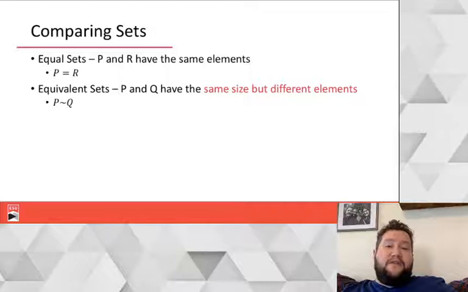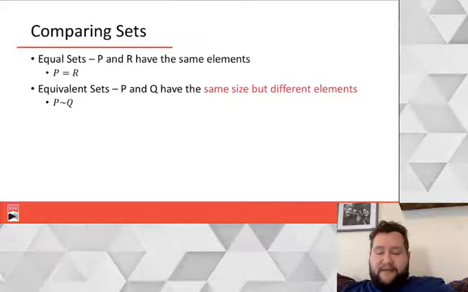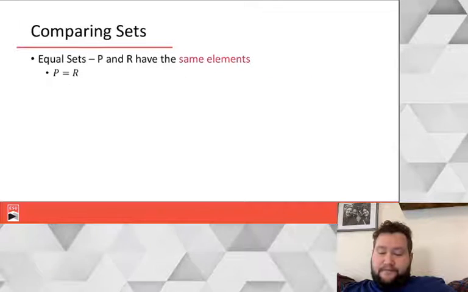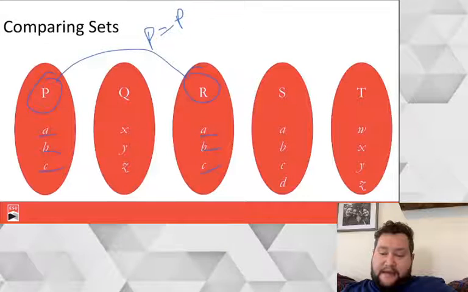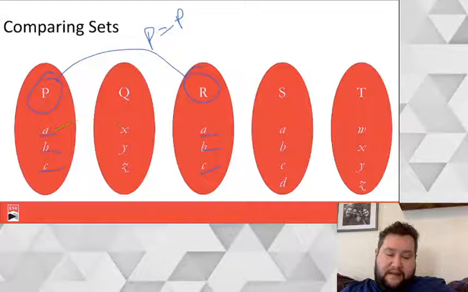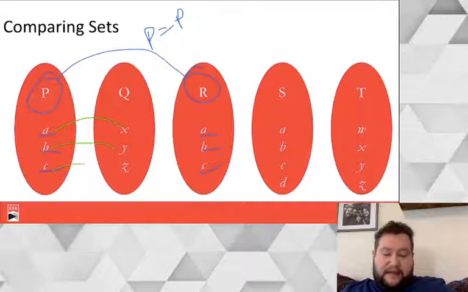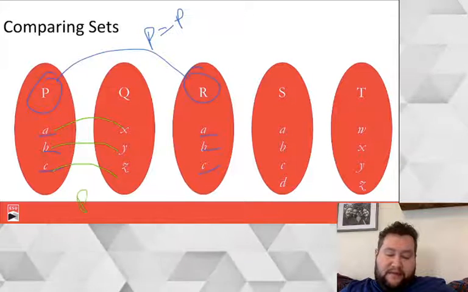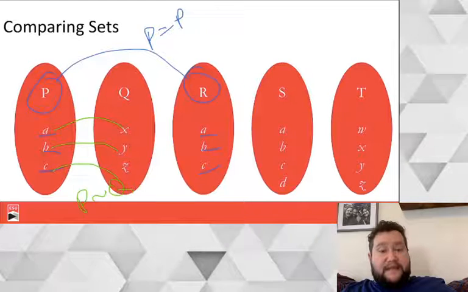So P and Q have the same size, but different elements. If we look at P and Q, this A and X, B and Y, and C and Z, so P is equivalent to Q because they have the same size.